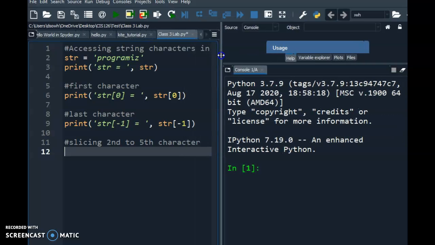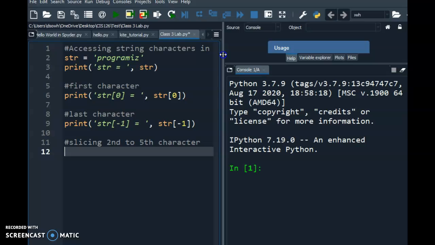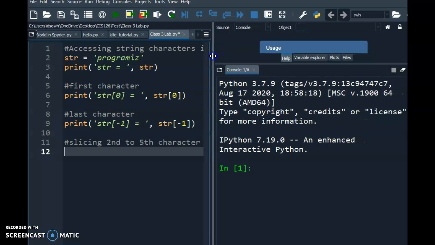Yeah, see the whole thing. Okay. So that. Yeah.